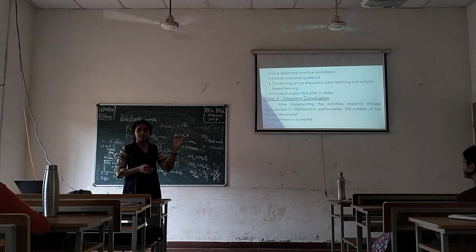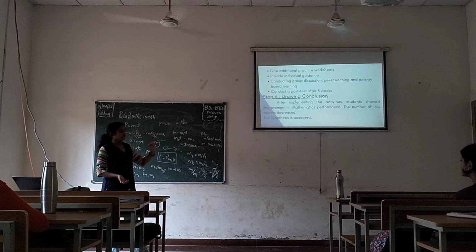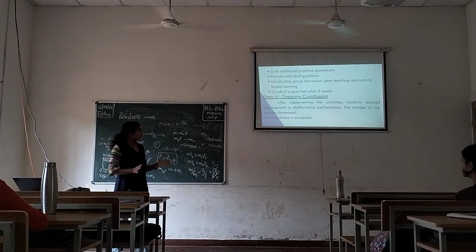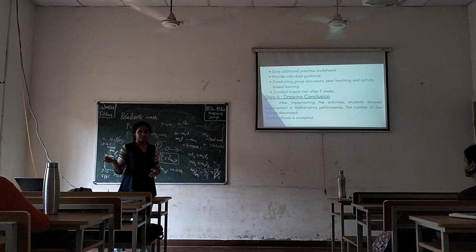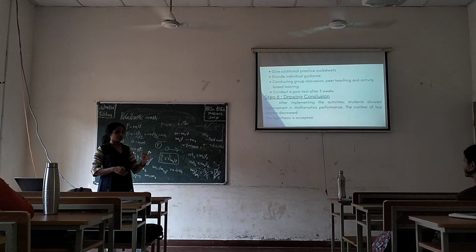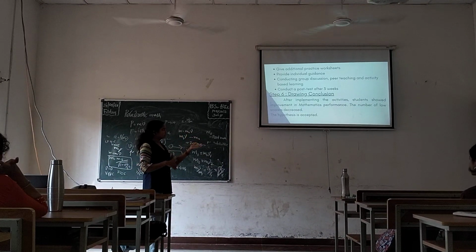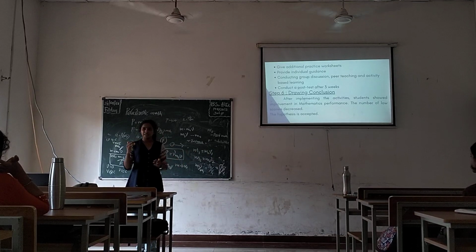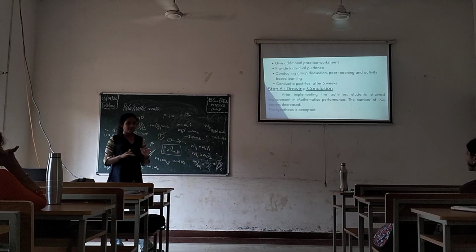So these are the things that the teacher will do in order to make the children improve their marks. And after that, drawing conclusion: after implementing these activities, the students are showing some improvement in their score in mathematics performance. That is, the number of low scorers has decreased. So finally this hypothesis is accepted.